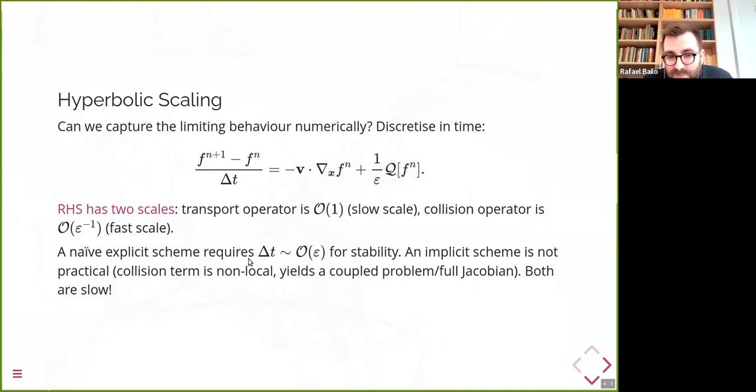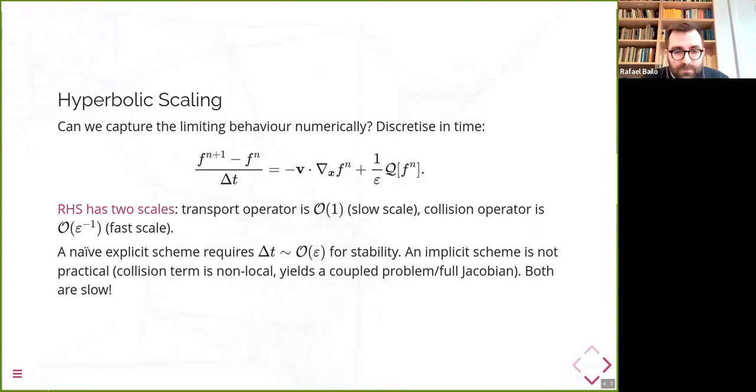So I need a delta t of size epsilon if I do a naive explicit scheme. And this is bad news because 10 to the minus 5 is a very small delta t, especially if you're having to compute this collision operator on every iteration. So this numerical scheme suddenly becomes a lot of work.